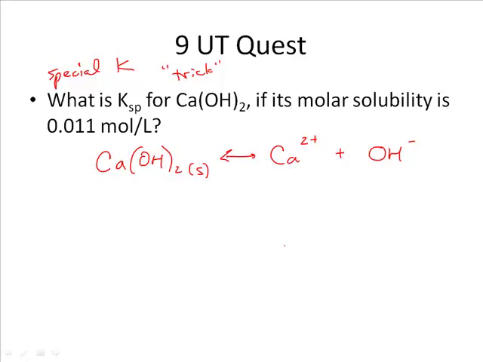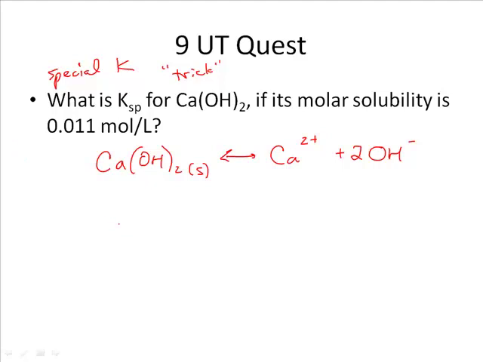No, not balanced. I have to add a 2 in front of the OH because there are 2 parts of hydroxide for every 1 part of calcium. So this is a little bit of a tricky problem because of that 2 right there. So the first thing we write is the equation.